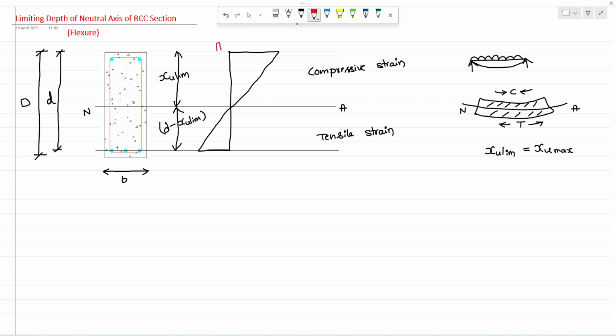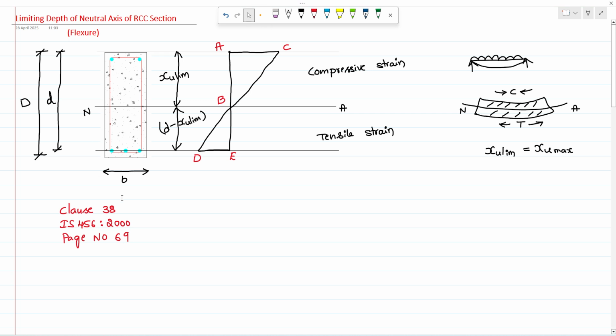So this is your triangle A, B, C, and this is your triangle B, D, E. So if you refer to clause 38 of IS 456 2000, that is on page number 69.